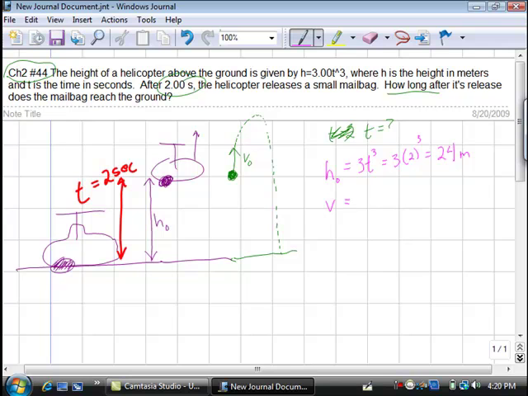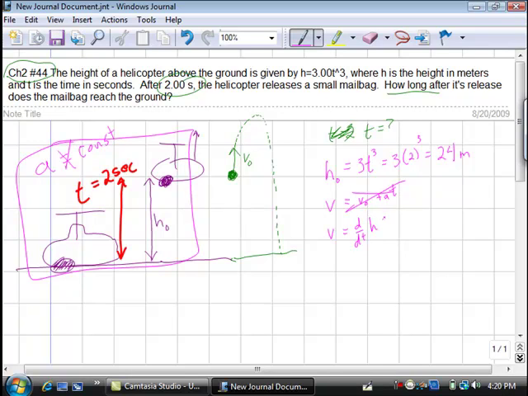The velocity, how am I going to figure out the velocity? In this case, you might put in that v is equal to v0 plus at, but this is a bad method. It turns out for this point in time, a is not a constant. So that means we have to get the velocity the old-fashioned way, which is take the derivative with respect to time of h, which is going to be 9t squared.